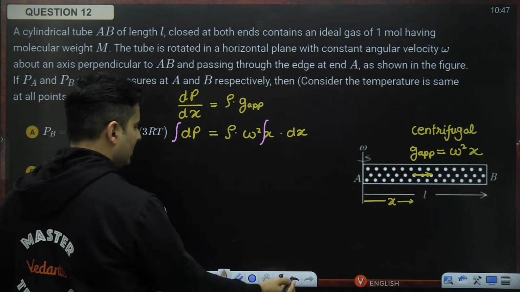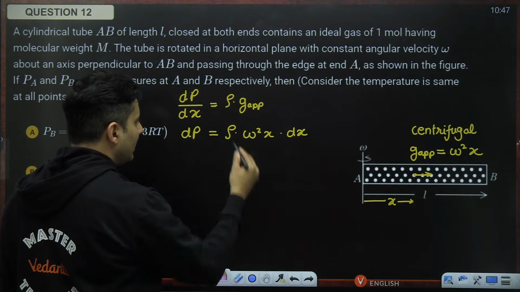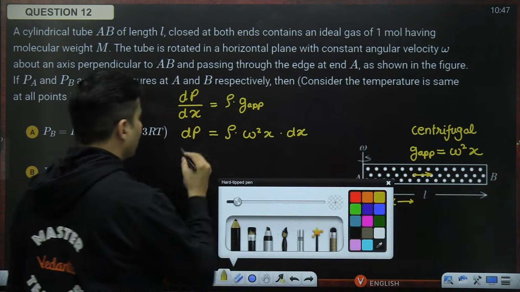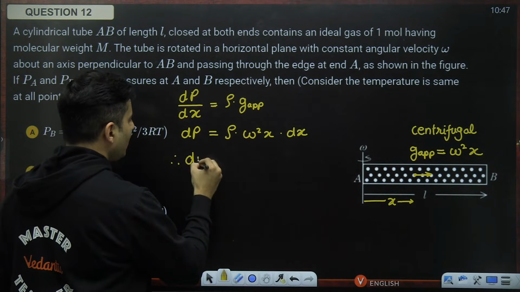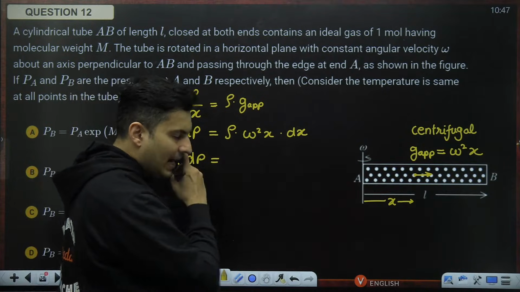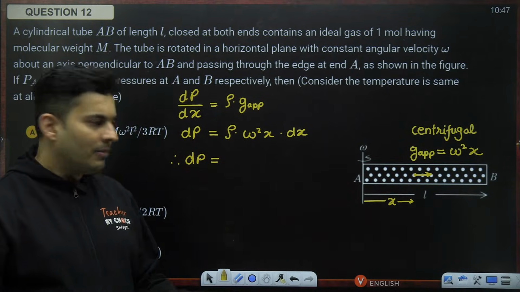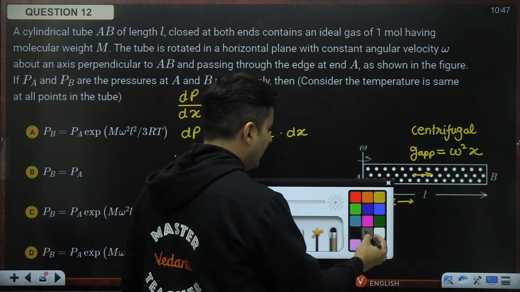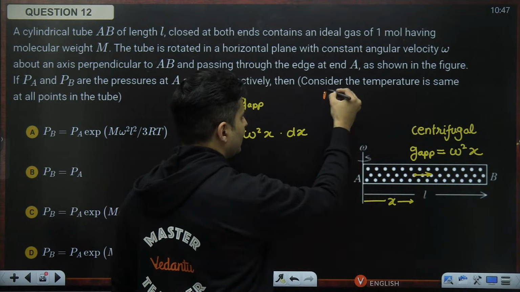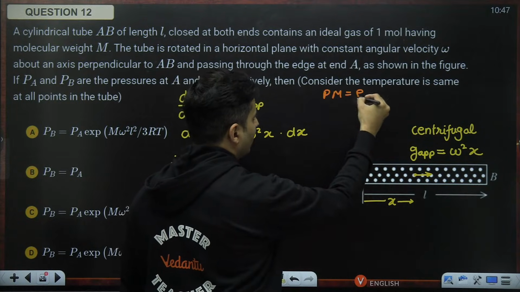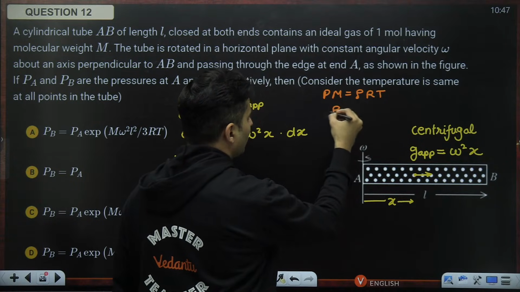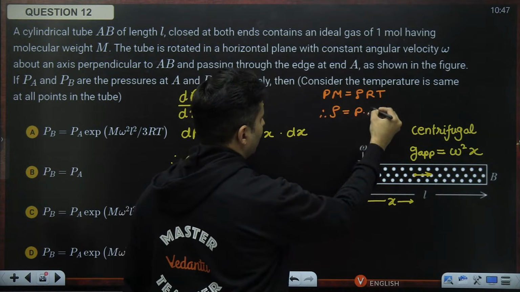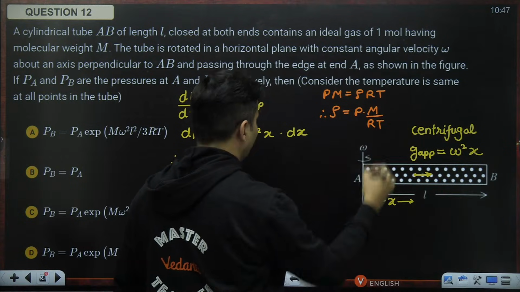But before that, there is a problem. Density is not a constant, so I cannot take it outside, because there is a gas which is filled inside. Remember, there is a formula in ideal gas: PM is equal to rho RT. So rho will be pressure into molar mass by RT.